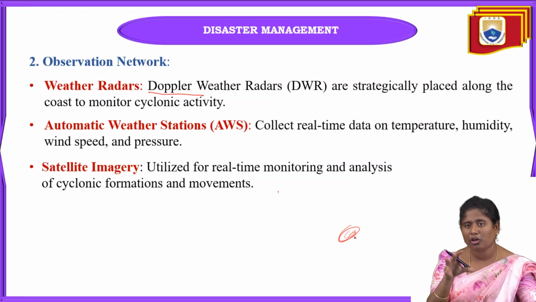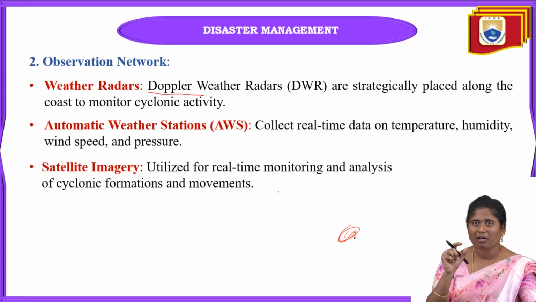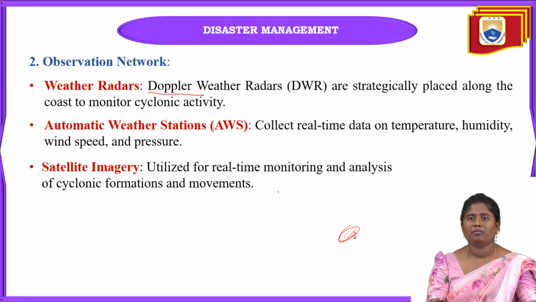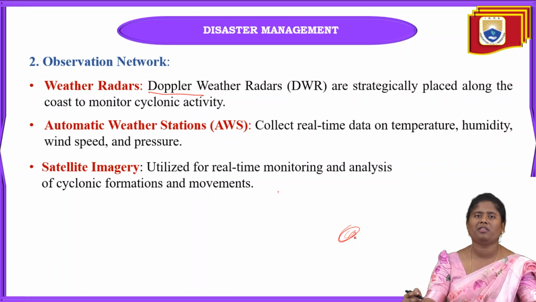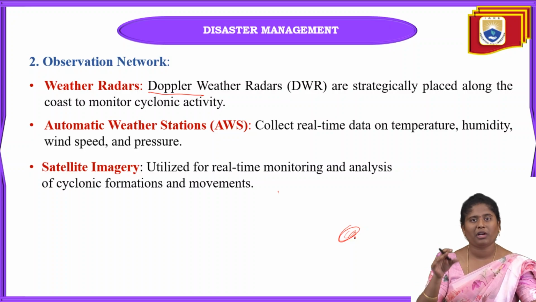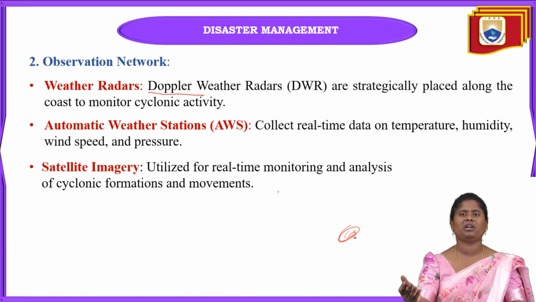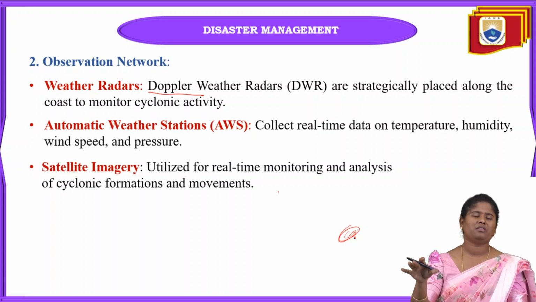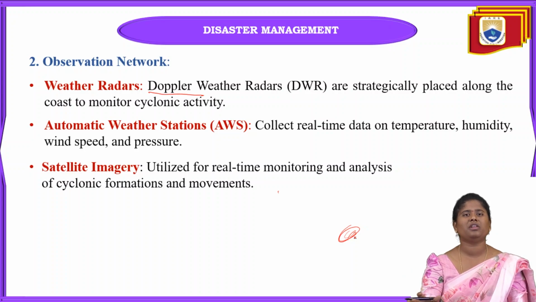That satellite will give the image to the IMD department. It shows that in this area a disaster is going to start. You have to be very careful, and you have to evacuate the people from that region. It will send the pictures, and people come to know that in this area a disaster is going to happen, so we have to take action immediately. Like that, by using satellite images we also come to know the cyclone activities.